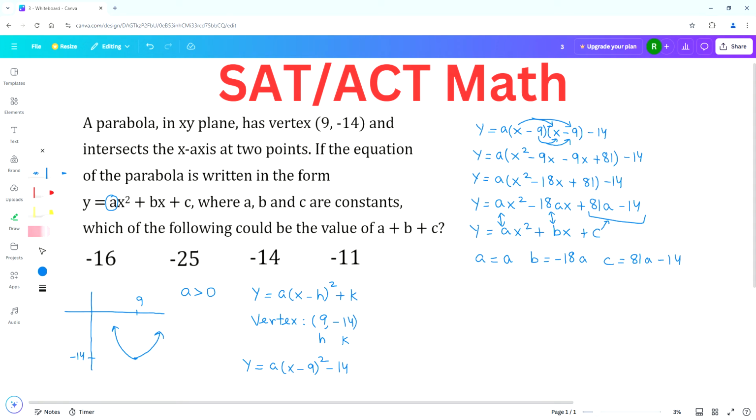We can use these expressions for a, b, and c to find the value of a plus b plus c.